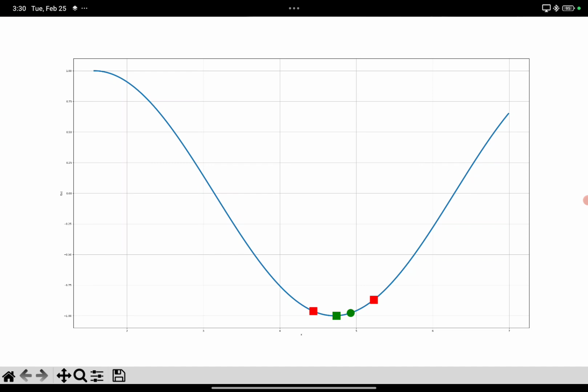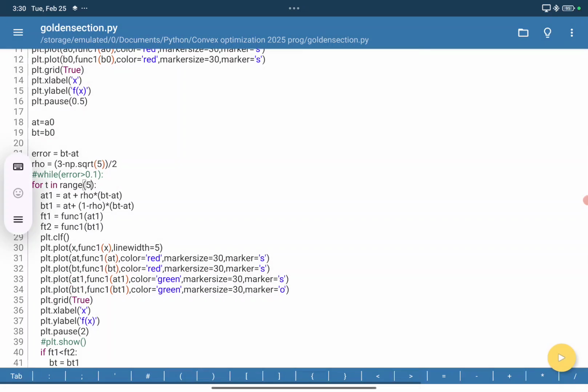So iteratively you keep reducing the search space until you get to a certain point.